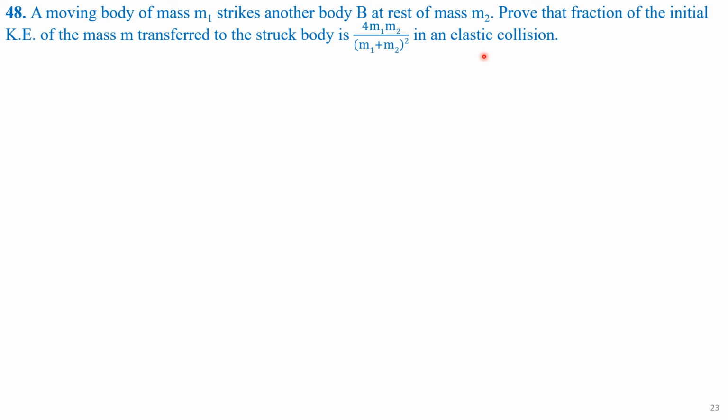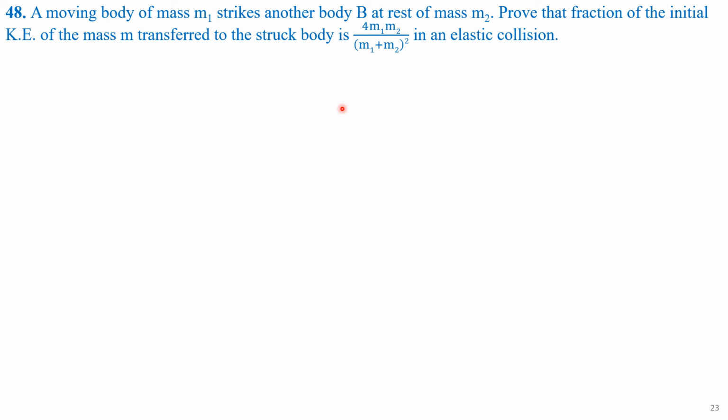This question has been answered in section 6.12.2 of collisions in the form of question number 12, that is a worked example. This example was on nuclear reaction. Please go through it and answer the question.